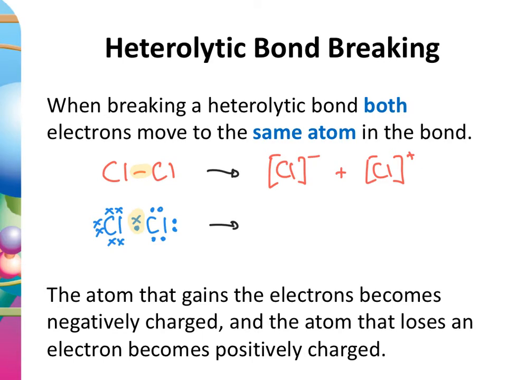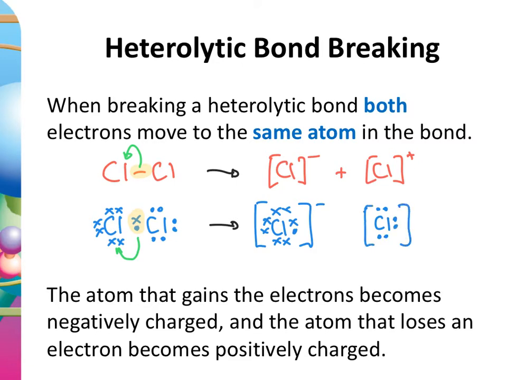We're saying that both of the electrons in the shared pair have gone onto one atom. Both of the electrons in this example that were in the covalent bond have gone on to the chlorine on the left, and that means that the chlorine on the right has in effect lost an electron. It's electron deficient, so we end up with two different species, hence heterolytic as well.